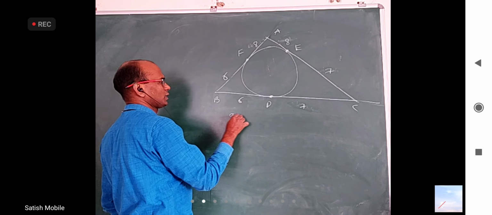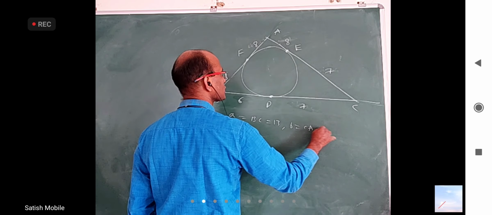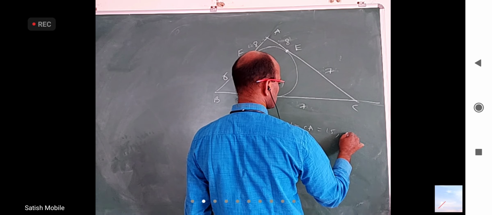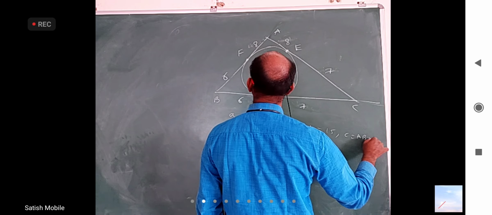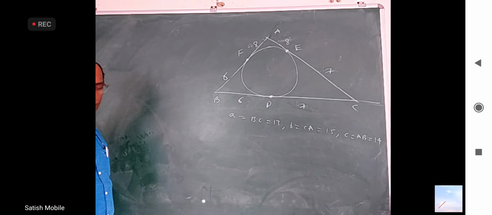So small a, which is BC, is 13, small b, which is CA, is 15, and small c, which is AB, is 14. So 13, 14, 15, in some order, doesn't matter, they are the sides.